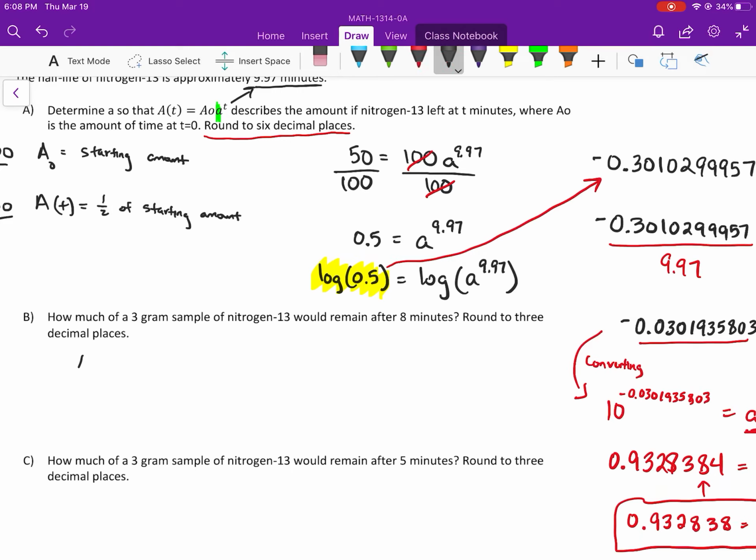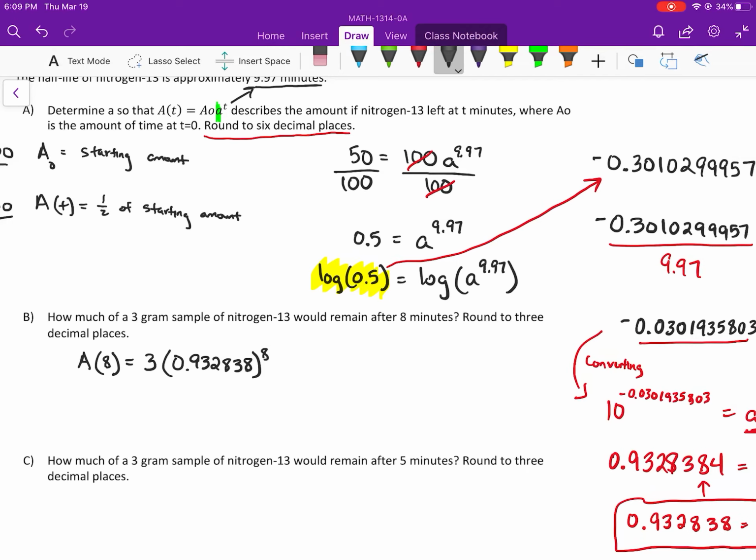So we're trying to find the amount after 8 minutes equals A of 0, my starting amount, so it'd be 3 times A, which we just found, 0.932838 taken to the T power, which happens to be 8 in this case. So we have to do 0.932838 taken to the 8th power.